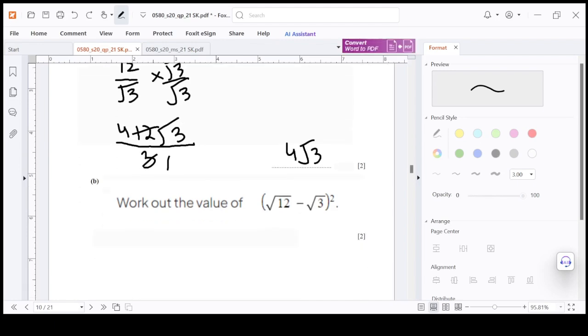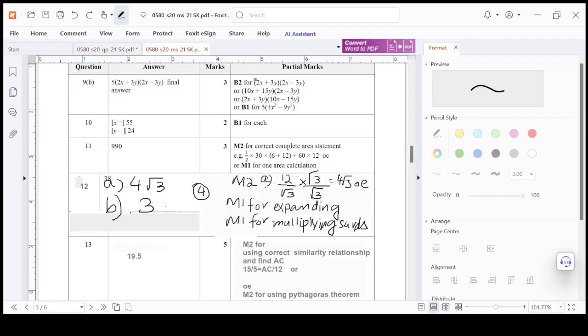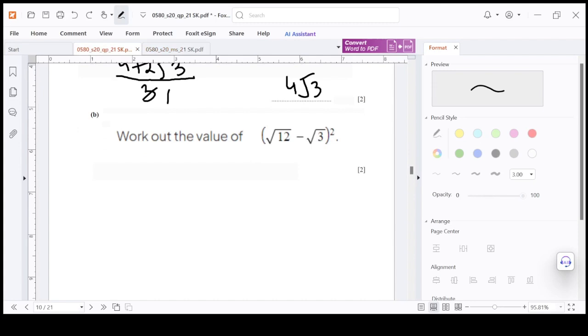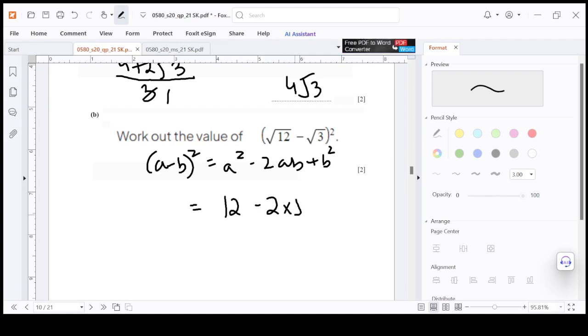Okay. Next, let me check the answer. Yes, that is correct. Next we have to square this. So I'm going to use the a minus b whole square identity, which is a square minus 2ab plus b square. It's going to be 12 minus 2 times root 12 times root 3 plus b squared, which is just 3 because the square and square root will cancel.